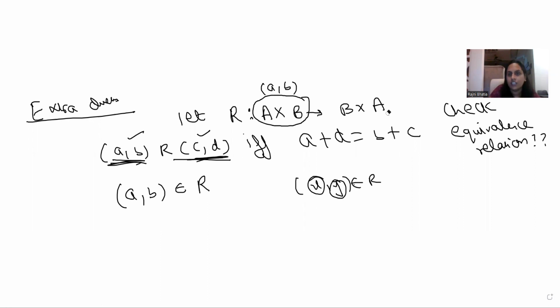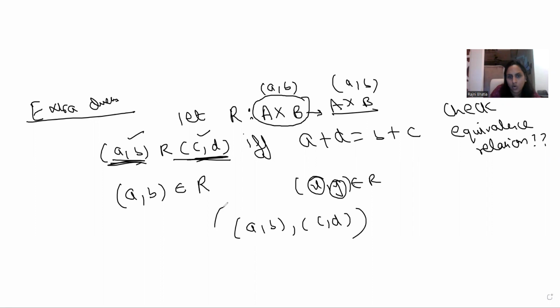And sorry, this is defined from A cross B to A cross B. So we can say that (A, B) R (C, D) means that basically ((A, B), (C, D)) belongs to R. So this is our X and this is our Y. So one element, the domain, is of the form (A, B). The range is of the form (C, D). This is what it means.